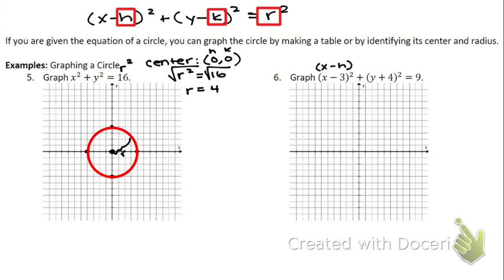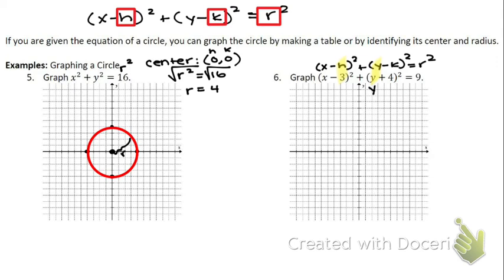We're going to do the same thing here. X minus h squared plus y minus k squared equals r squared. So I can see that x minus h tells me that my h is 3. For y, notice I have a minus in the formula, but a plus in the actual equation. That's because I had a minus and a negative next to each other.